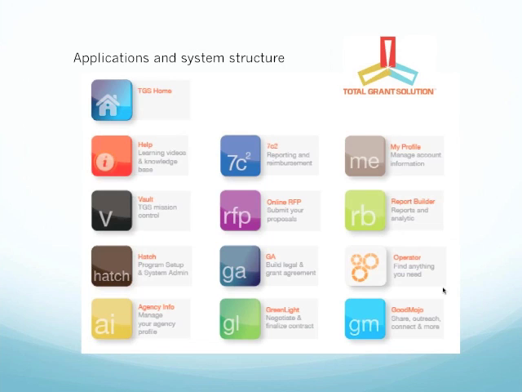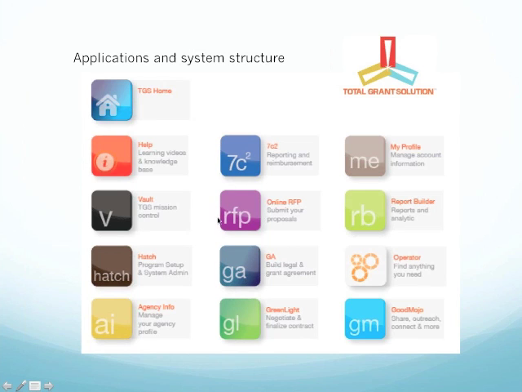As you can see on the screen, it's divided into different applications. You will most likely be using applications like Agency Info, for managing your organization's information, and 7C squared, the one that Chris mentioned that you'll use to submit your billing information.